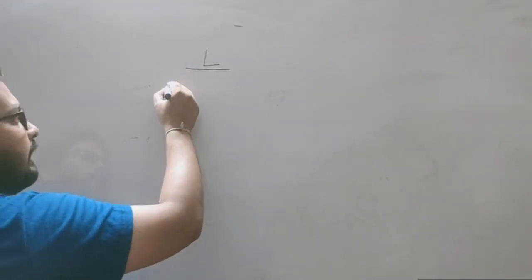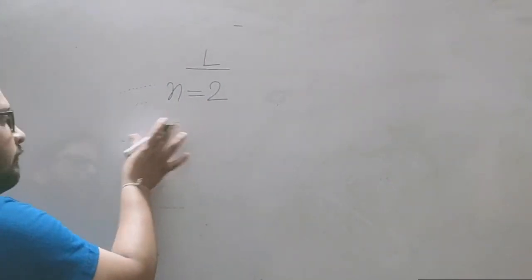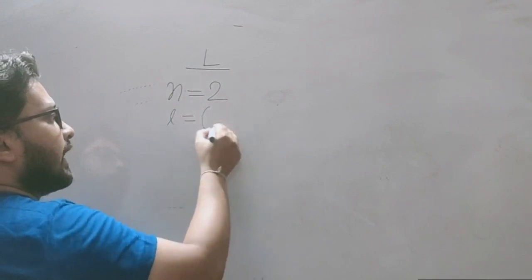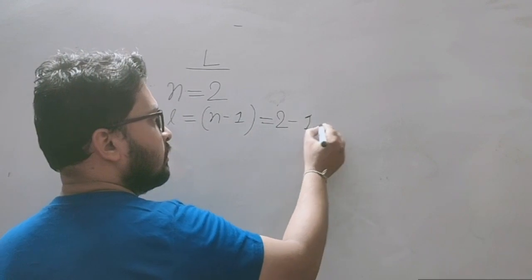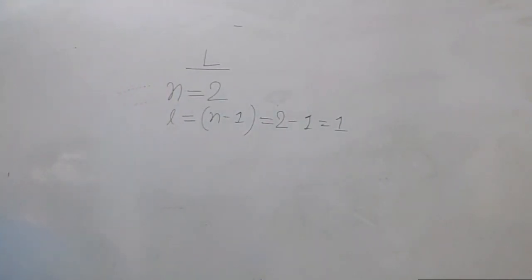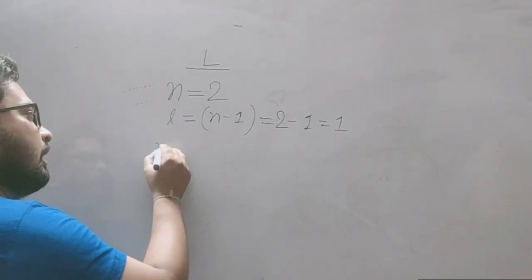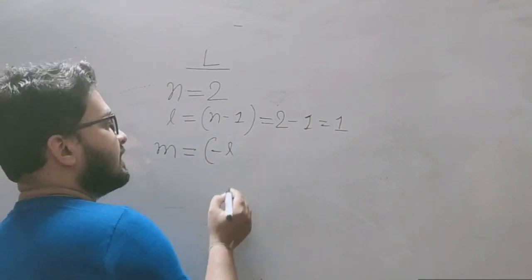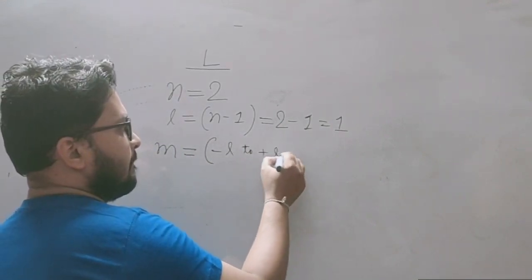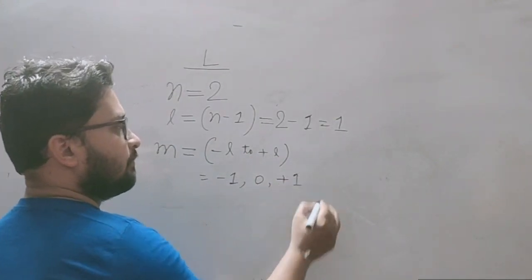For L, the value of N is equal to 2. So the value of L is equal to N minus 1, that is 2 minus 1, so this is 1. And for M, the value is minus L to plus L, so minus 1, 0 and plus 1.